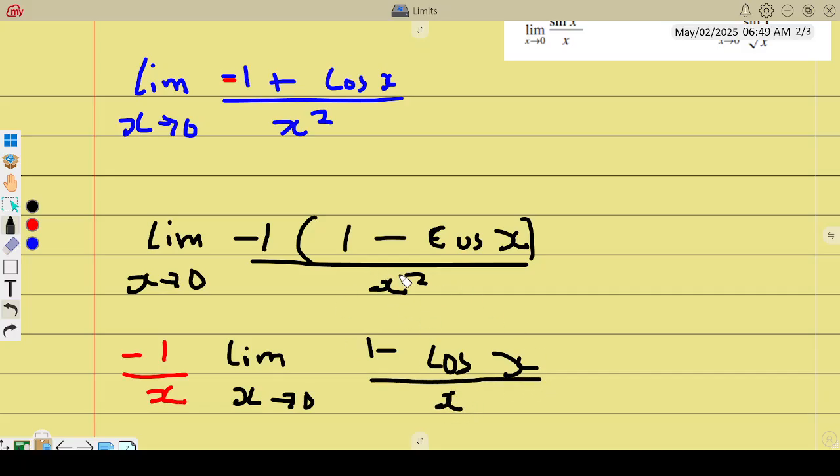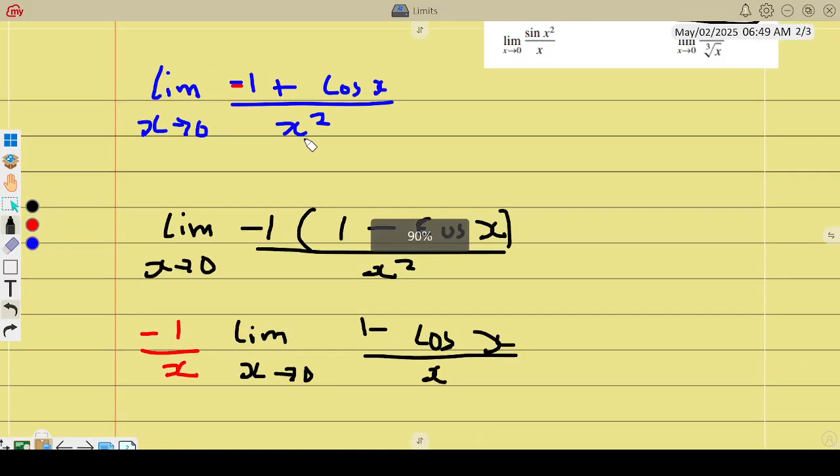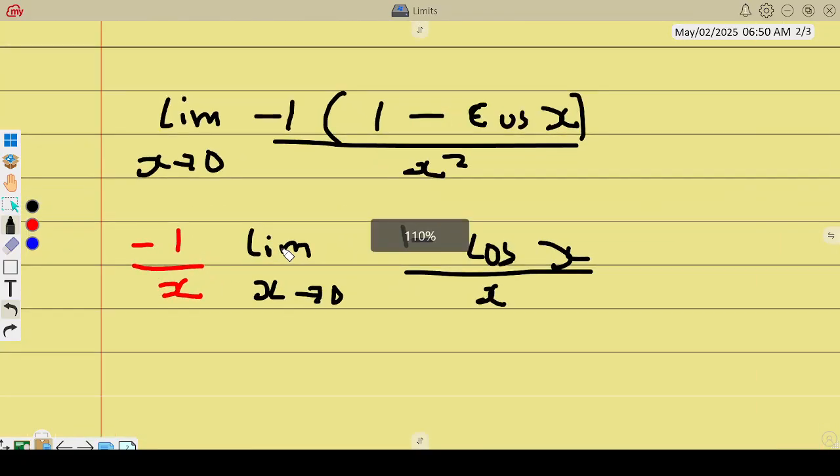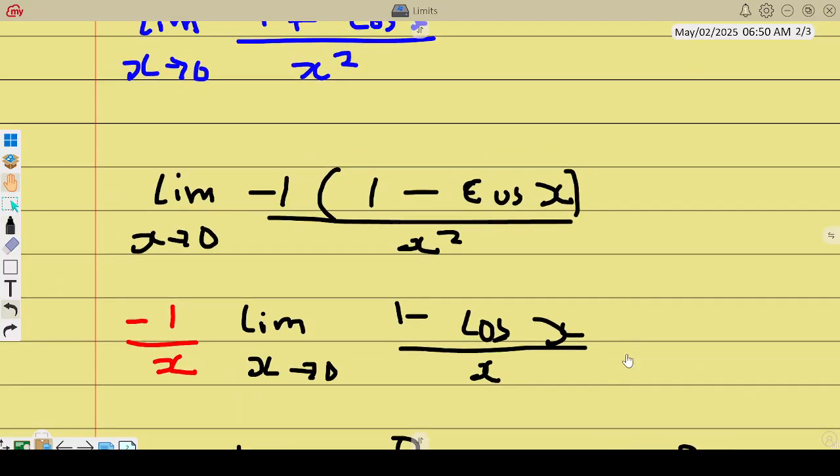Here we have just remained with 1 x. At this point it looks like the general one, which is 1 minus cos x over x. So the whole lot of this, according to what we know, is 0. So times 0, and anything times 0 is 0.